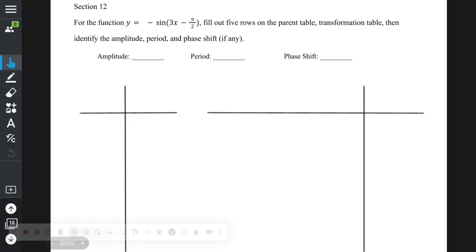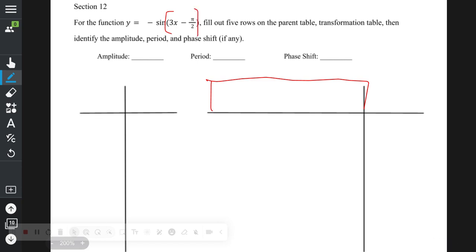Okay, there will be a phase shift here. And as I like to do, start with the hardest part, which is the transformation of the inside of the function for the x.